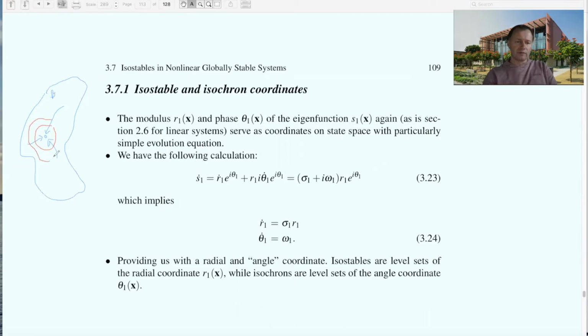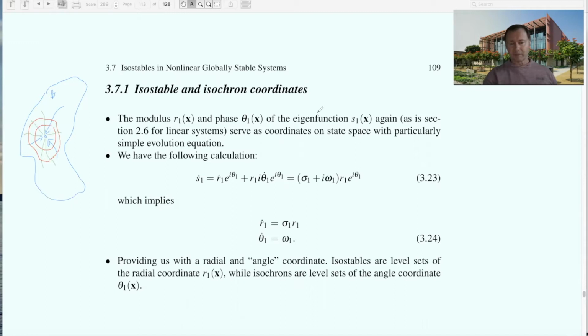I'm drawing a couple of those here. But if I would have another set of level sets, let's say something like this, then I would actually have a set of coordinates. So the value of the level sets that are drawn in red would be one number, and then the ones that are drawn in green would be another number. Then I would have a set of coordinates in this basin of attraction that would kind of be dynamically adapted and would put the system in a simple form.